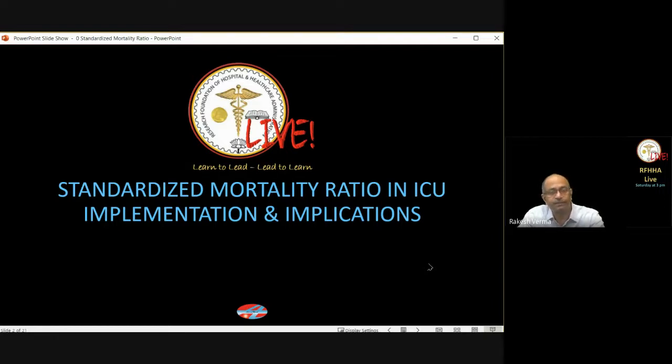One more aspect which we need to understand very well is that the performance of the intensive care unit is not the performance of the intensivist. Please understand that intensive care is a team effort. The role of nurses is as important, as crucial, as significant as the role of the intensivist, and so are a multitude of paramedical and technical staff in the intensive care units.